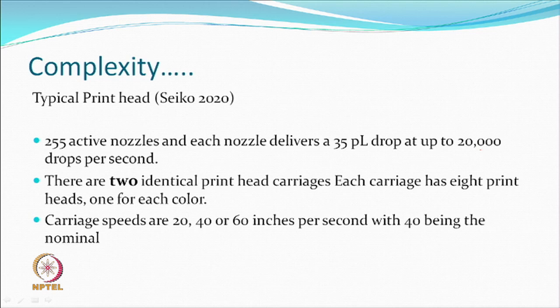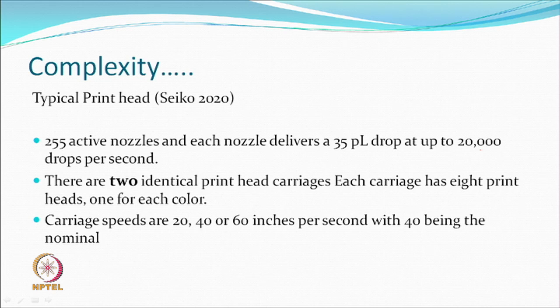So, complexity in one of the typical examples is like this particular print head, which is made by SECO, called 2020, for example, has something like 255 active nozzles. So nozzles may be more. Let us say you have a shared wall. So, you may ensure that only one side fires, and the other one is not firing.